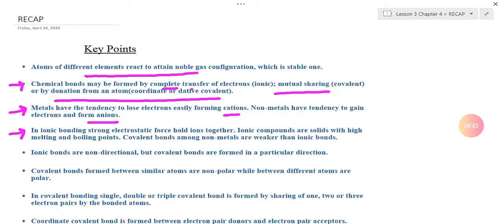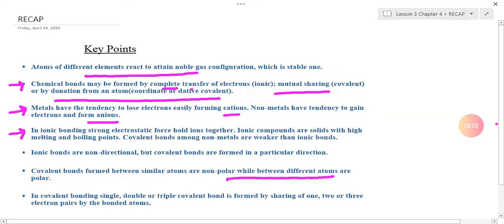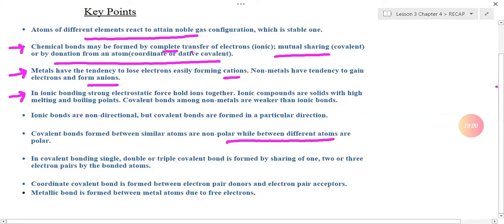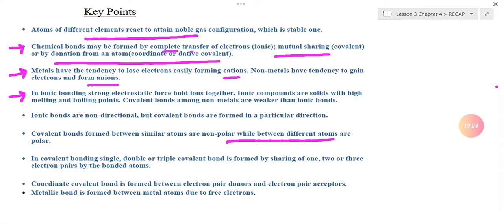We also talked about covalent bonds, that they are weaker than ionic bonds. The covalent bonds formed between similar atoms are nonpolar, and the covalent bonds formed between different atoms are polar in nature.